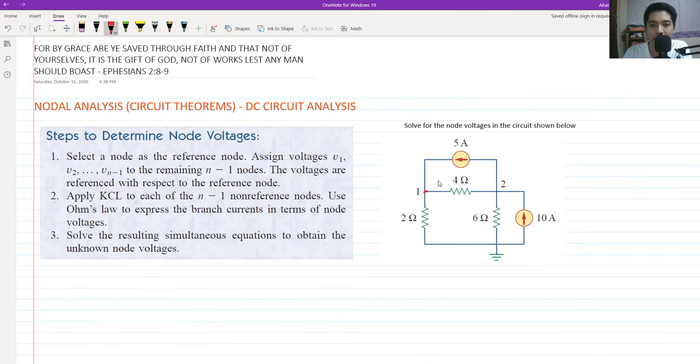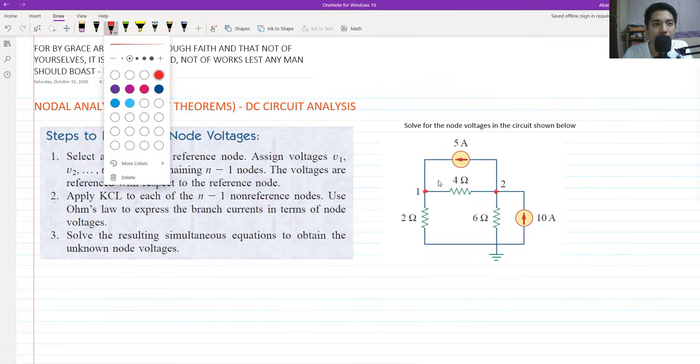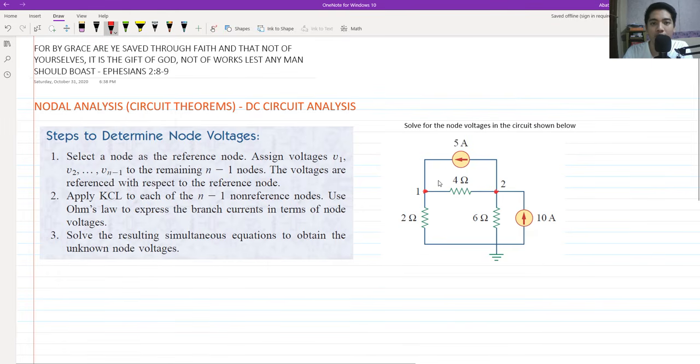That is what we call the reference node, of which those nodes we need to determine the voltages at node 1, and the voltage at node 2.